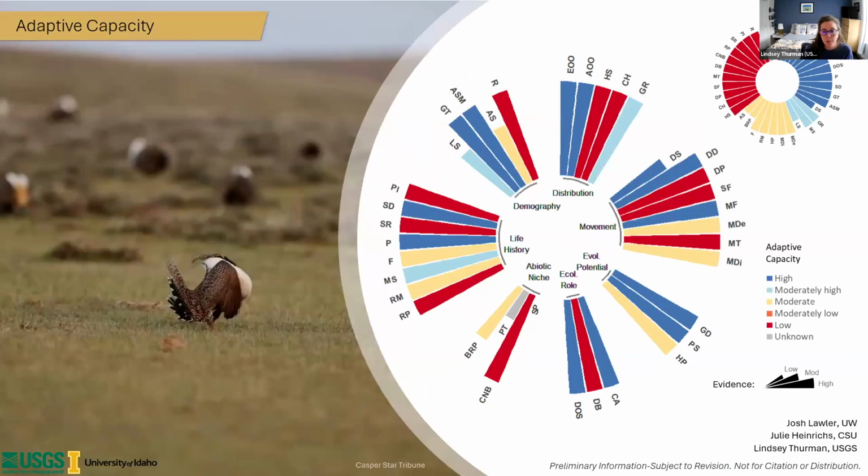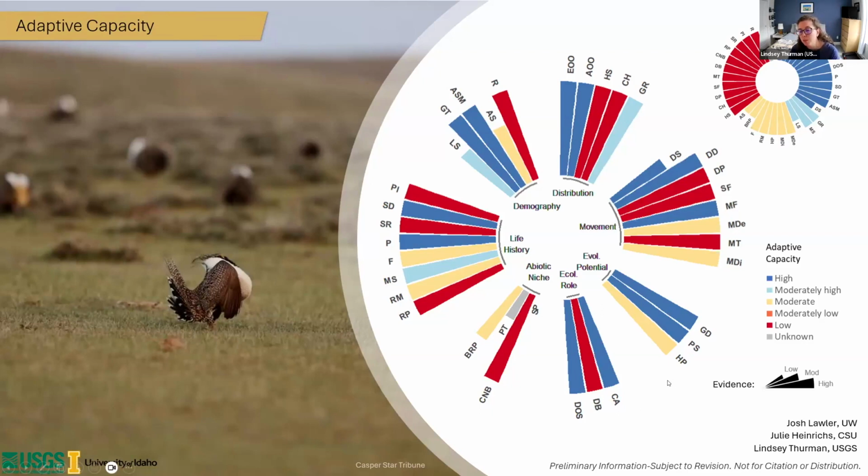And this is an example of an assessment that was completed for the greater sage grouse. And you can see here that same wheel of traits in the same order, but now they're color coded by that level of adaptive capacity, with the darker blue being higher AC and the deeper red being lower AC. And then the length of these spokes in the wheel represent the strength of evidence for that assessment for that trait.